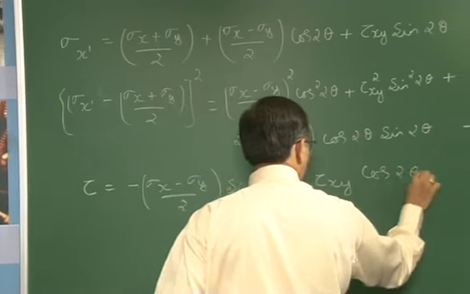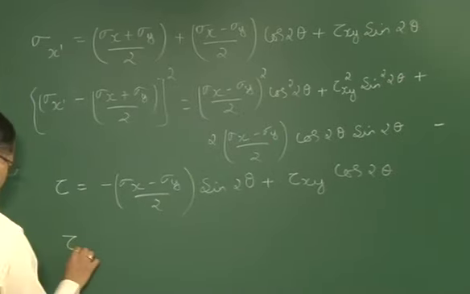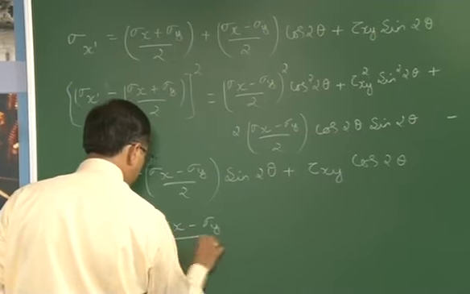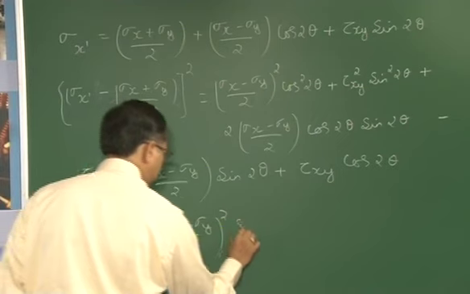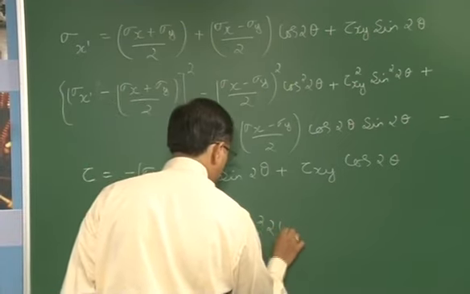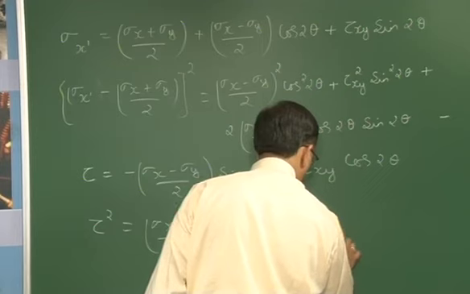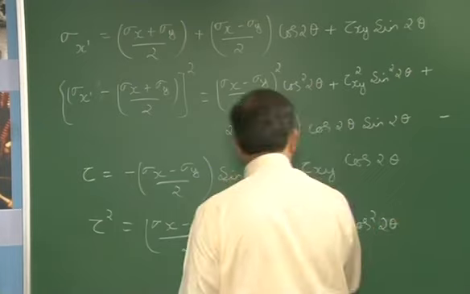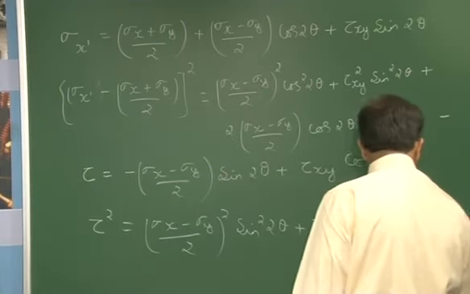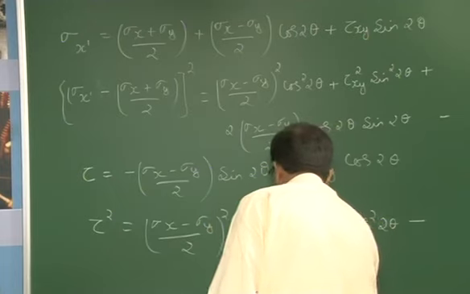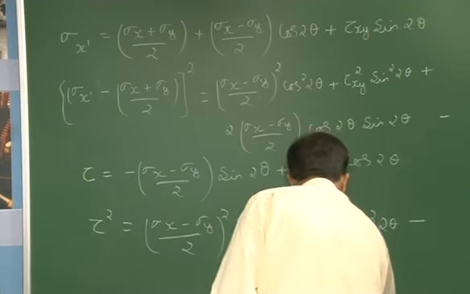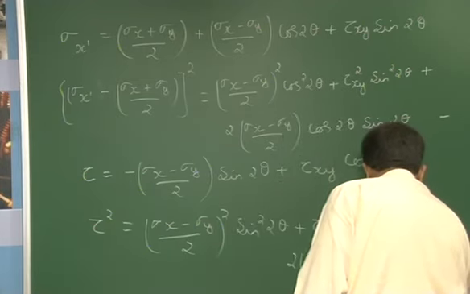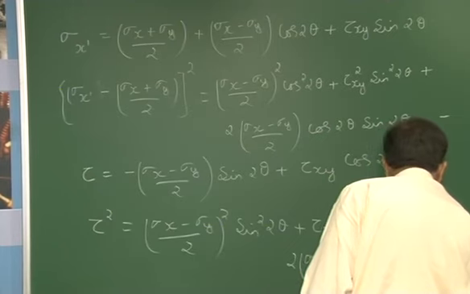Again, squaring this equation, we get tau square, which is equal to sigma x minus sigma y by 2 whole square into sine square 2 theta plus tau xy square cos square 2 theta. Now this has a negative sign, so the next term is negative: minus 2 into sigma x minus sigma y by 2 into tau xy sine 2 theta into cos 2 theta.